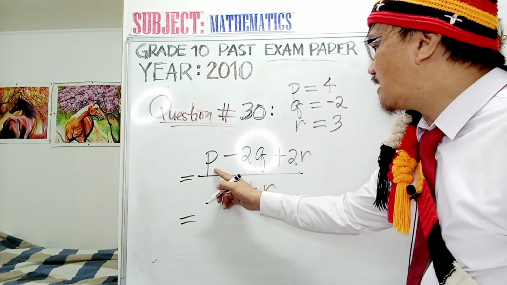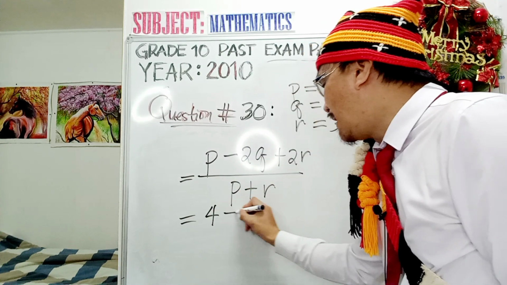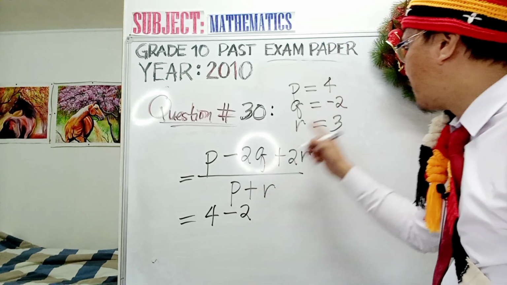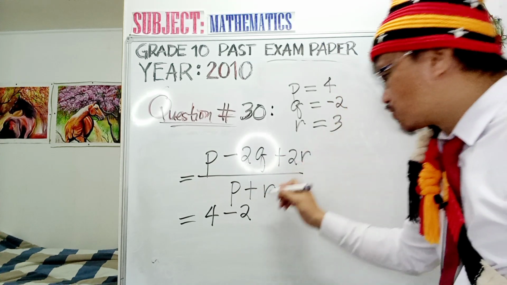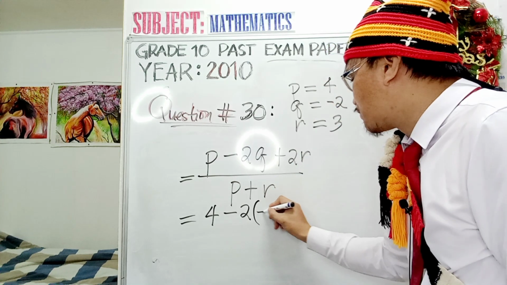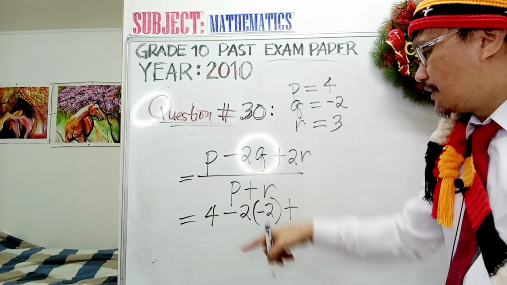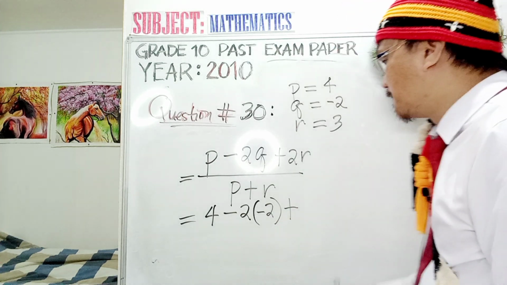Okay. So the value of our P is positive 4, so leave it like that. 4 minus 2, the value of our Q is negative 2. So that's the time now you will use the brackets: negative 2, to ensure that you will be able to perform this expression correctly.